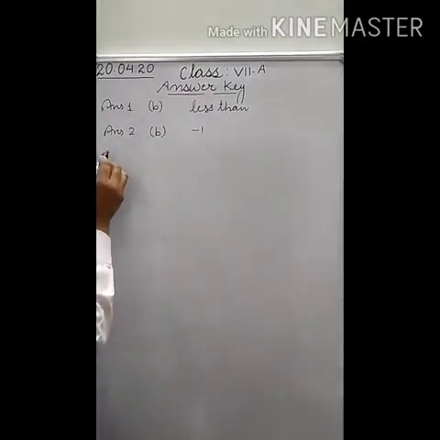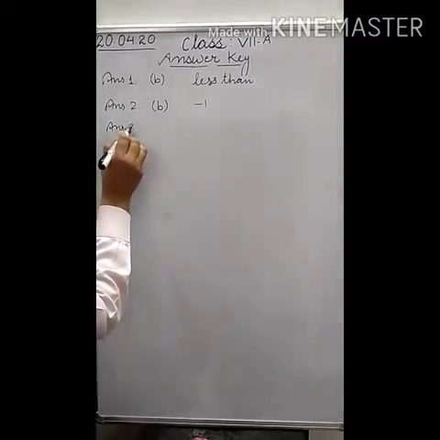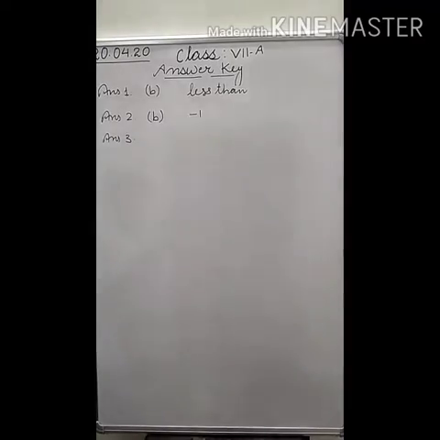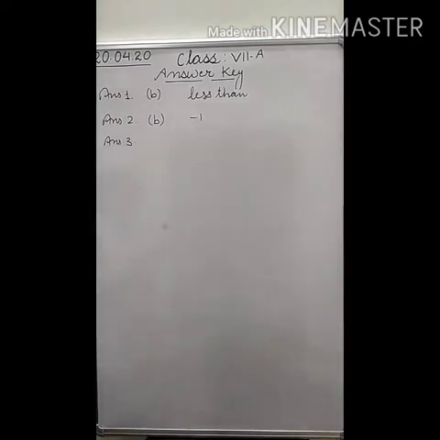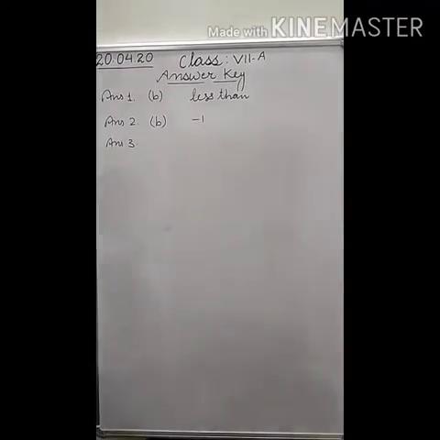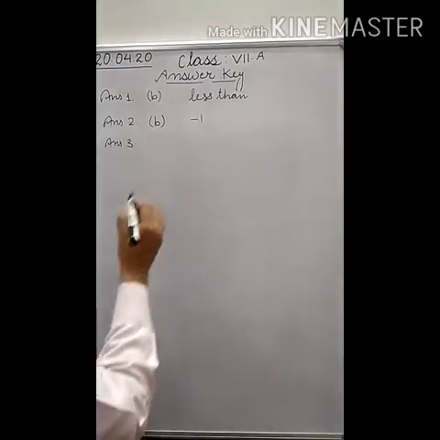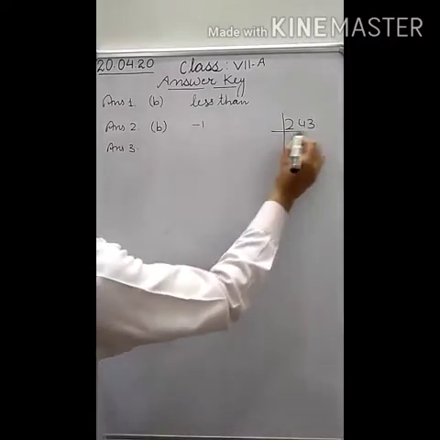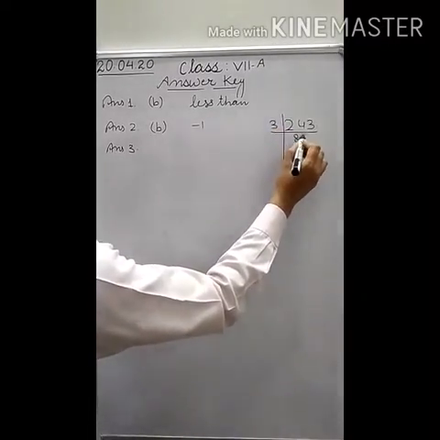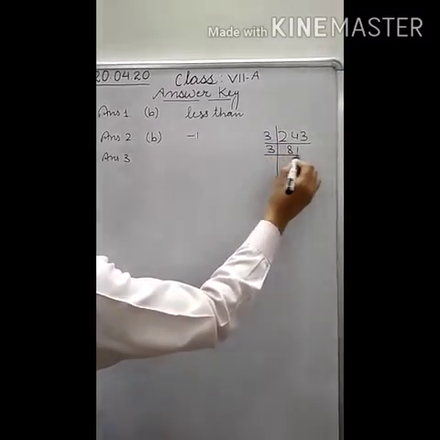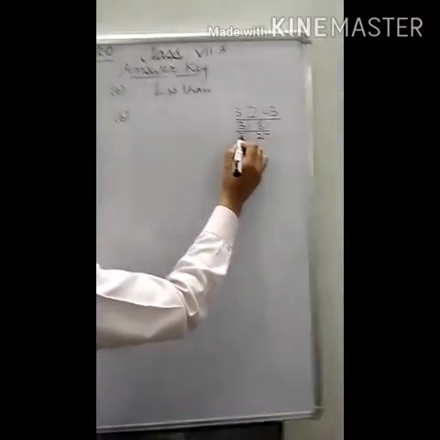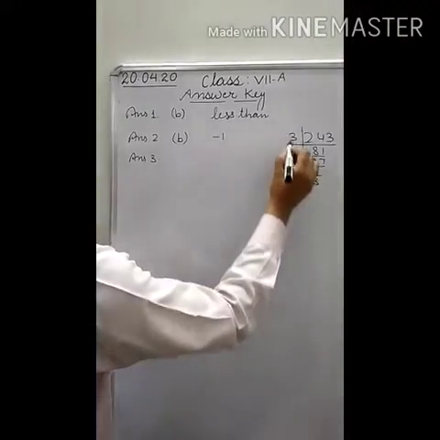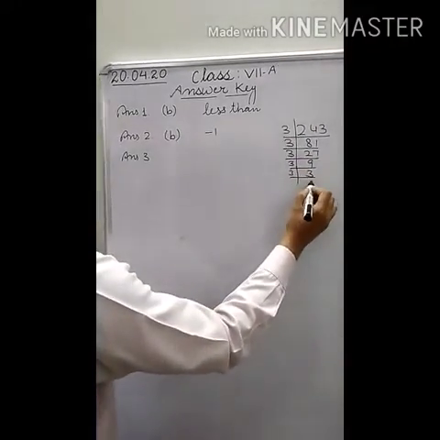Now come to the third question. In question 3, you are given that 243 can be expressed as dash power of 3. For that, what you will do is make the prime factorization of 243. 3 times 81 is 243, 3 times 27 is 81, 3 times 9 is 27, 3 times 3 is 9, and 3 times 1 is 3.